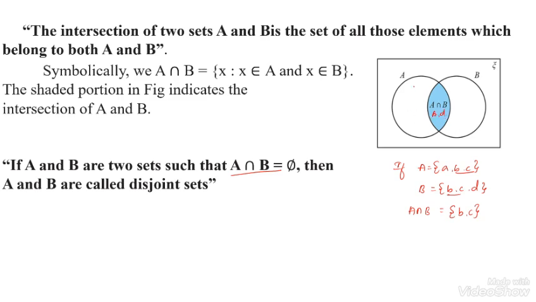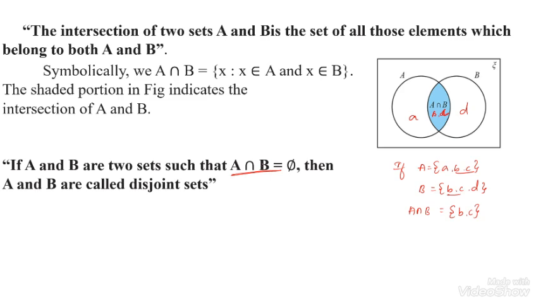Here A is the set containing the elements A, B, C, and the elements present in set B are B, C, D. The only two elements common to both are B and C. This is the representation of the Venn diagram for intersection. Now there is one important concept here.